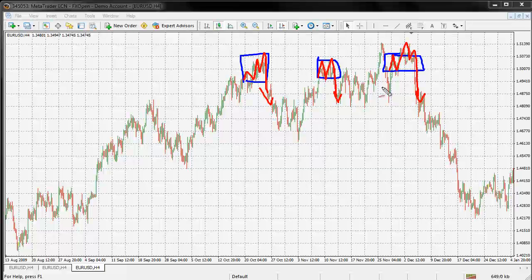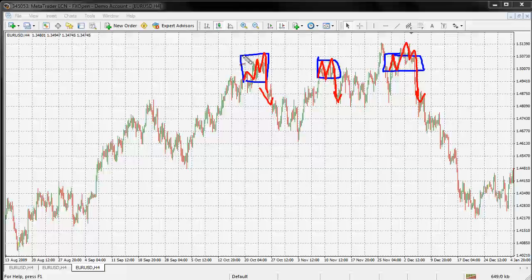Now if you make the assumption that where it broke above, you should go long, I would be extra cautious, because these here are essentially tops. Tops in the market where the market would not go up any higher.